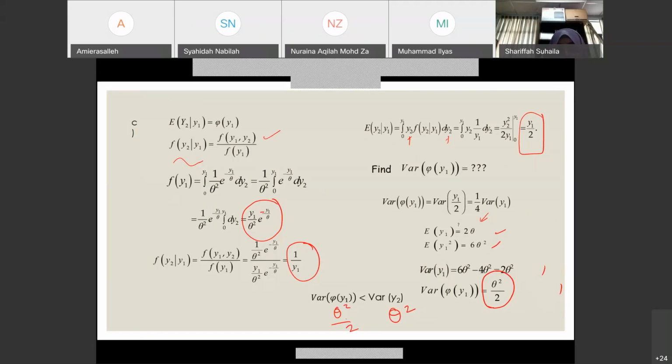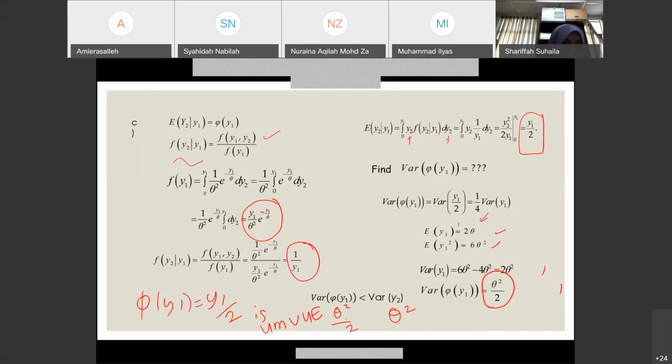Okay, kamu punya Vy1, which is y1 over 2 is uniformly minimum variance unbiased estimator. Okay, because kita dah compare dia punya variance dia. So since your variance Vy1 is less than, so this is your uniformly minimum variance unbiased estimator of theta.